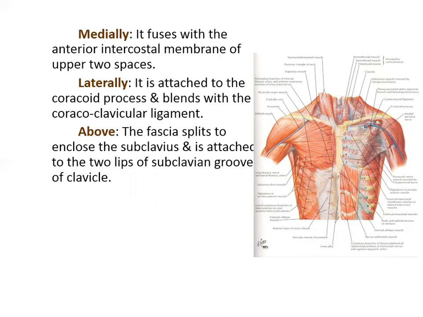Let me show it again later. And it is attached to the two lips of the subclavian groove, where the subclavius muscle is attached. So in front of this muscle as well as in the back of the muscle, the two split fascias get attached to the two lips of the subclavian groove of the clavicle.